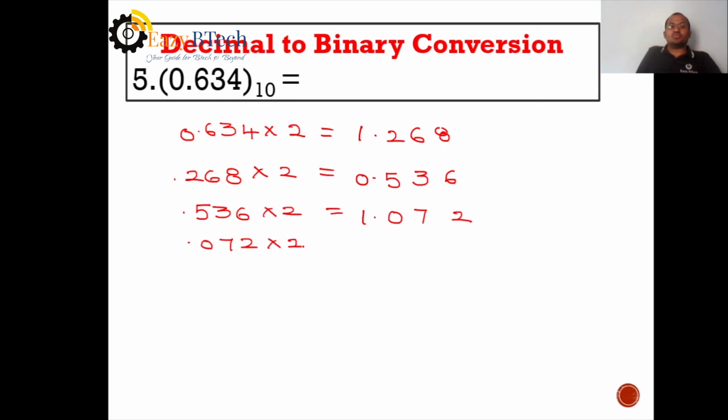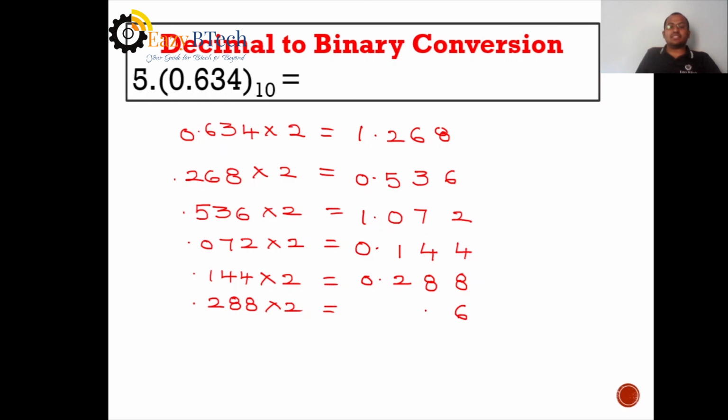Now take the fractional part 0.072 into 2. So 2 twos are 4, 2 sevens are 14. So 0.144 into 2. So it will give 2 fours are 8, 2 fours are 8, 2 ones are 2, so 0.288. Now if you take again the fractional part 0.288 and multiply, 2 eights are 16, 2 eights are 16, 17, so 0.576.